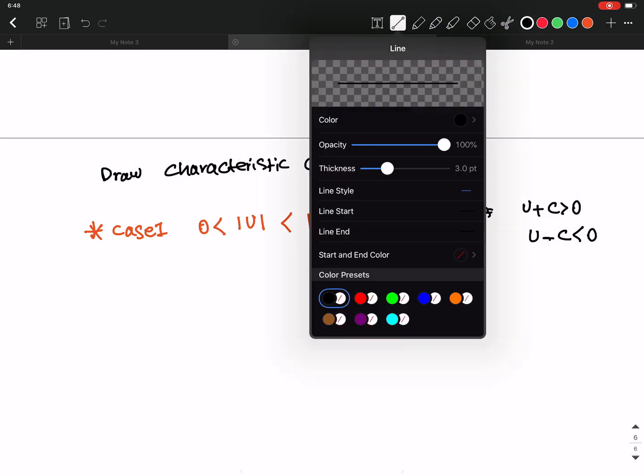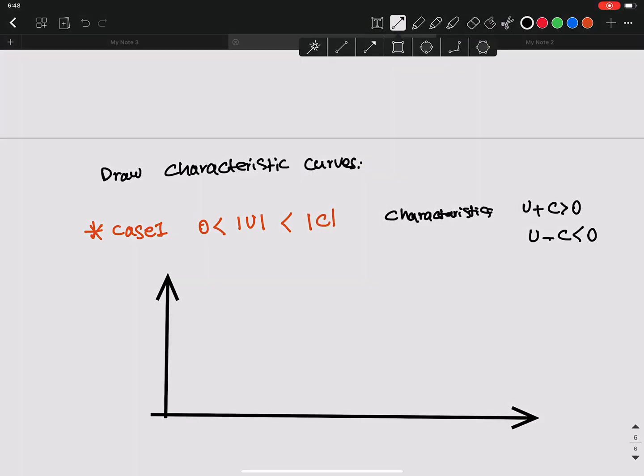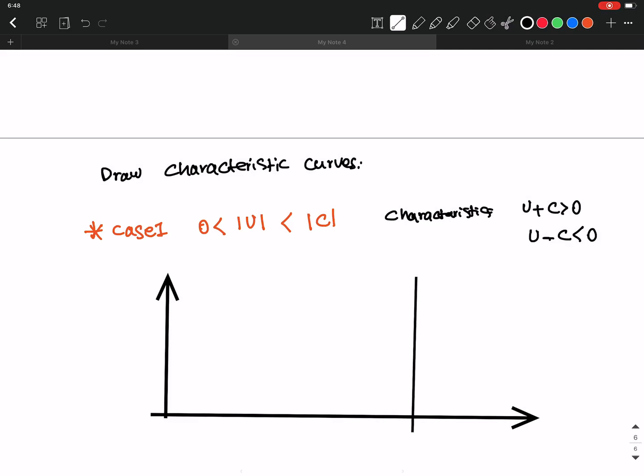So now I want to plot these. Let me plot it with this color here and here, and we are going to have two boundary conditions.